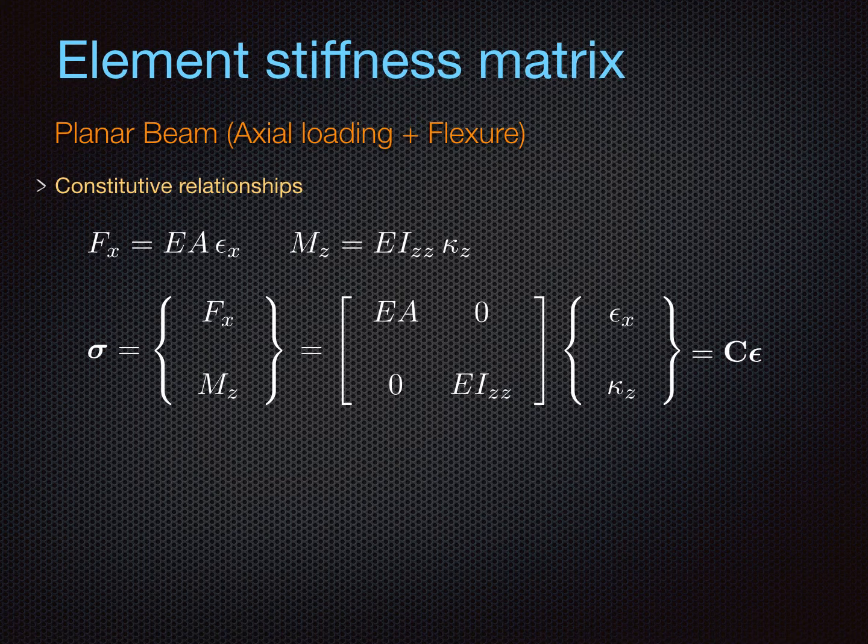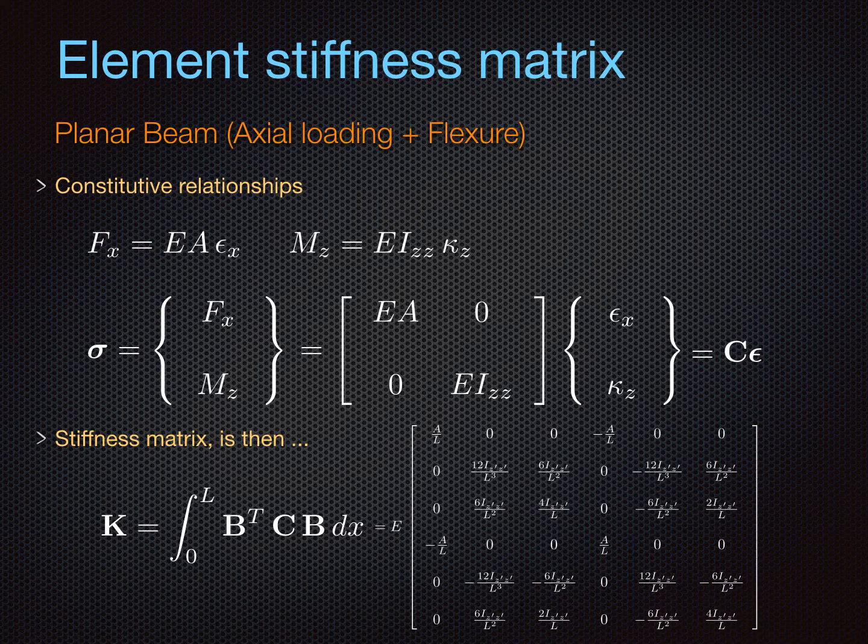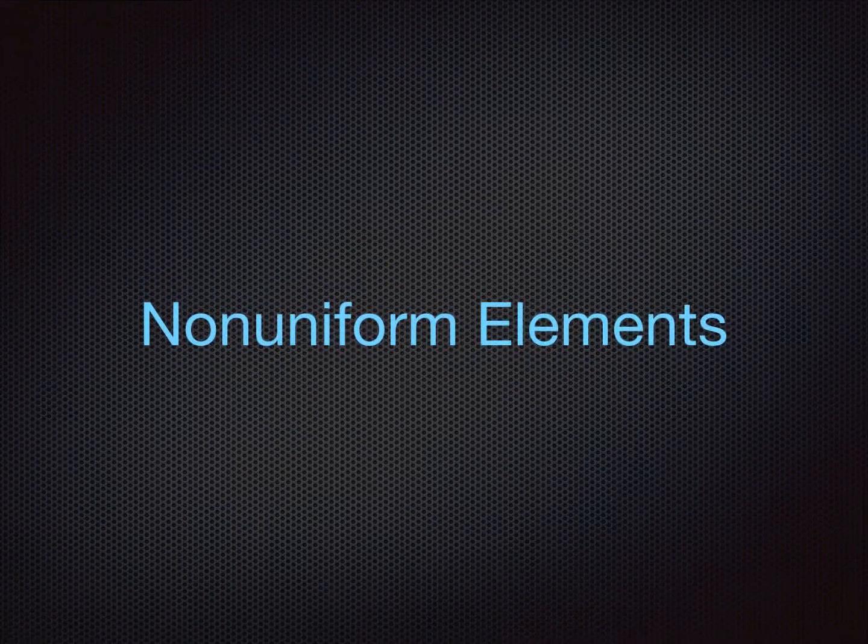Axial strain resultant times the axial stiffness is equal to the internal axial force F sub x, and the curvature times the bending stiffness is equal to the internal moment M sub z. And then the stiffness matrix becomes B transpose CB with the C shown up top. And if you carry out the algebra and do the integrals from 0 to L, you'll end up with the same identical stiffness matrix we had for this problem. So now let us move on.